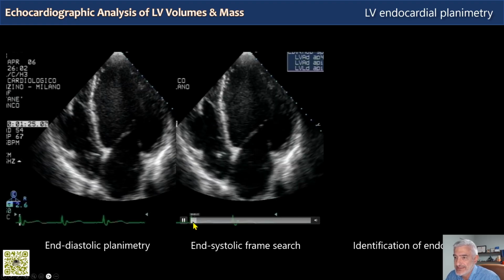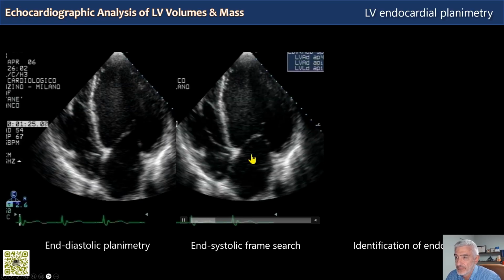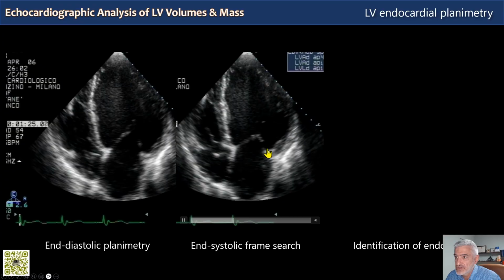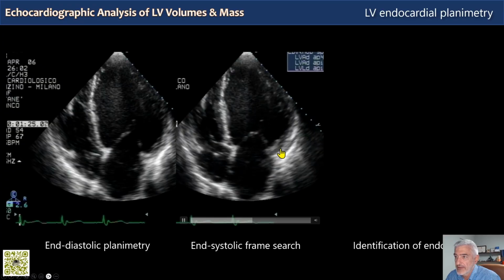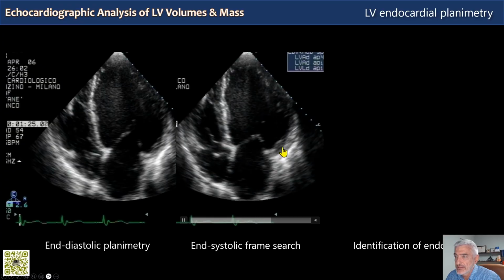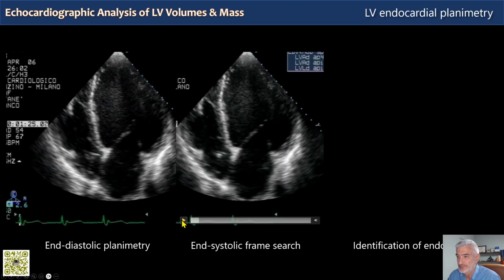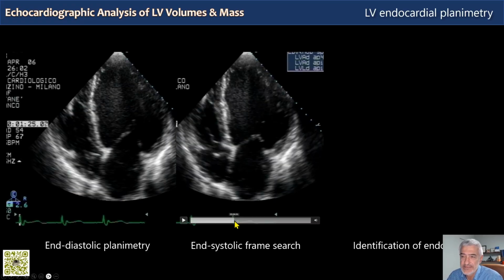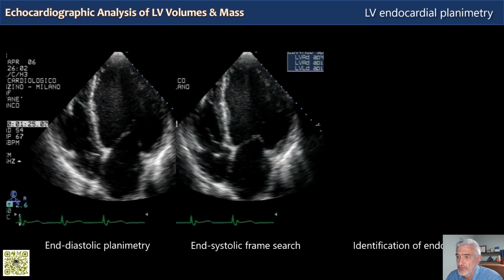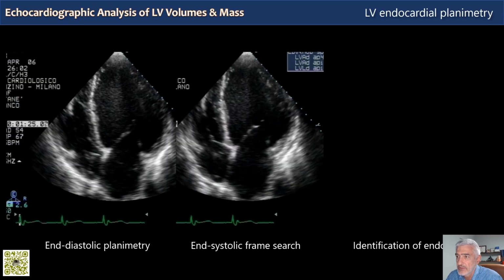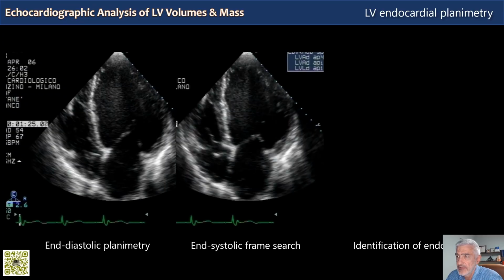And you can see this here. Contraction. There. At this point, you can see that it starts to relax. So this would be end systole. Let's see it once again. So you have closing and then it starts to relax.